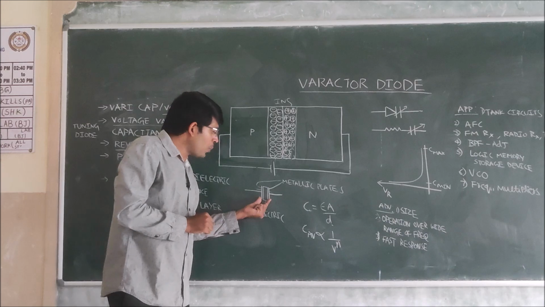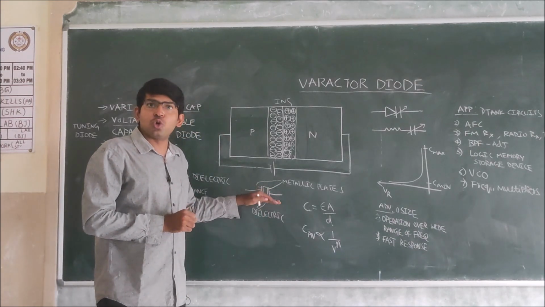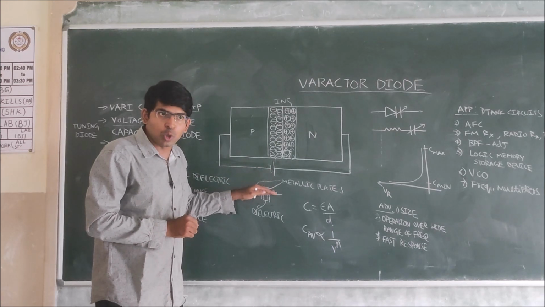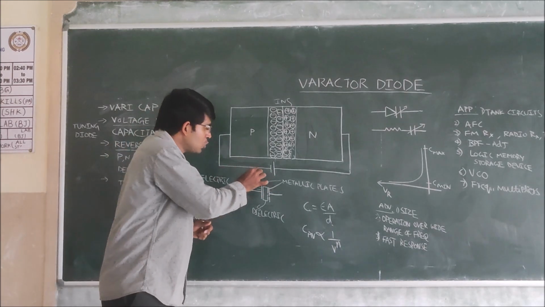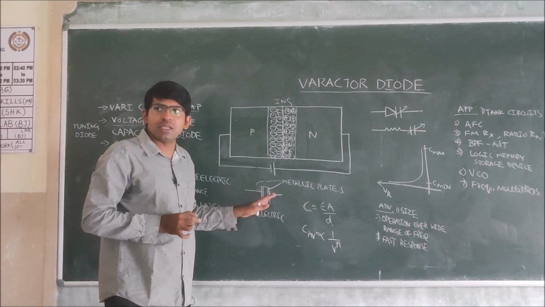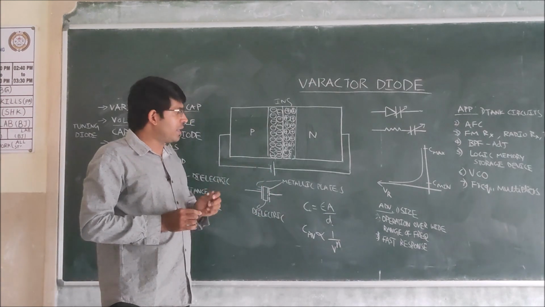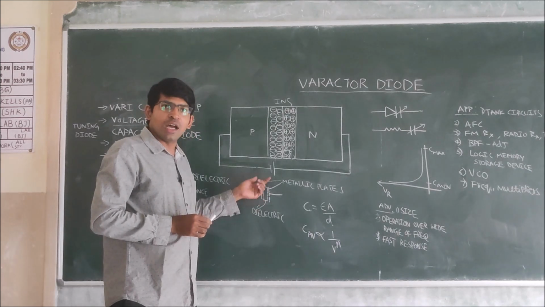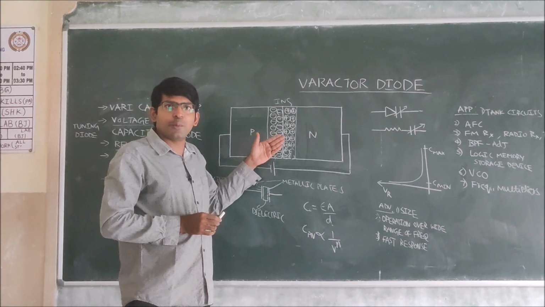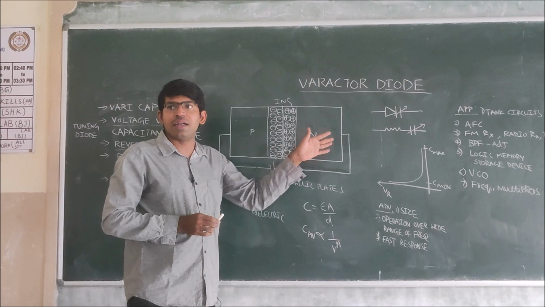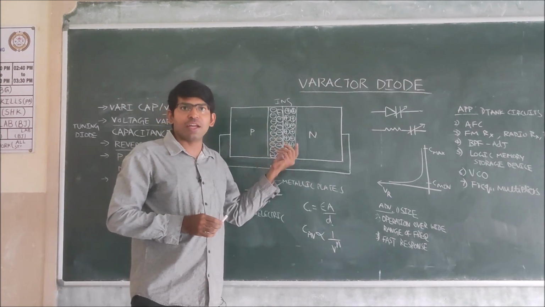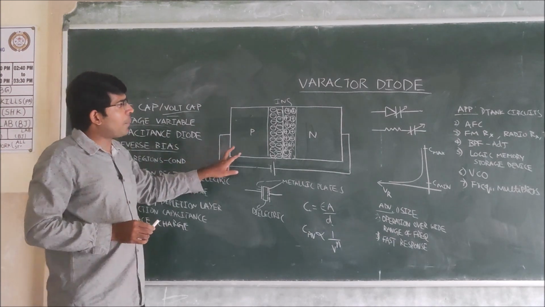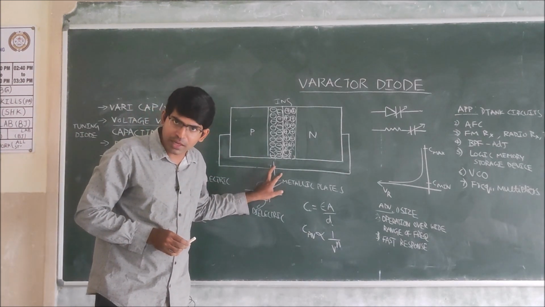We use the two metallic plates to store the electric charge, to store the voltage. We use two metallic plates and a dielectric material. Here, we are trying to replicate this capacitance by using the semiconductor diode. That's why it should always be operated in reverse bias.